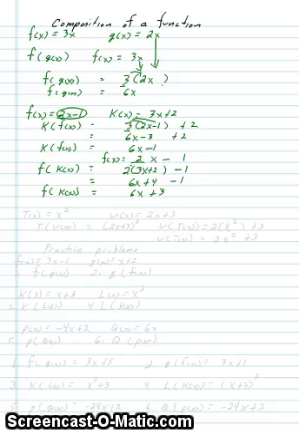One more. We have t of x is x squared. v of x is 2x plus 3. So t of v of x.